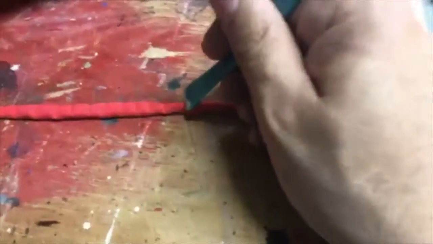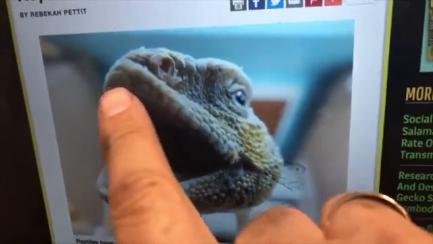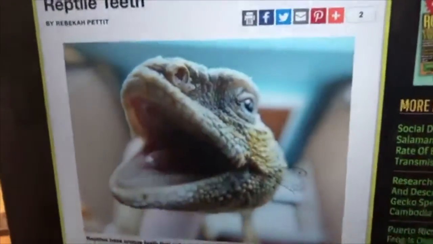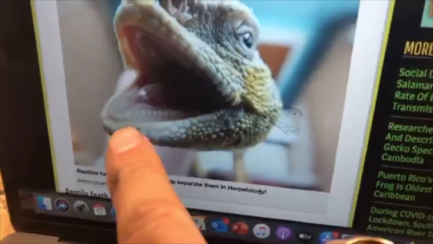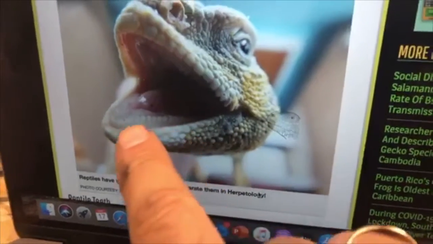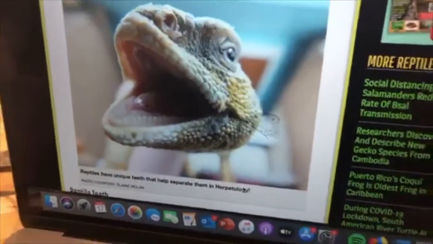So you just basically, again, using my lizard lips here as reference, I want to really get that texture. And you notice that this guy has a very prominent upper lip, but he doesn't have a very prominent lower lip. And then he's got sort of gums out here with the teeth in it. So I'm going to try to replicate that kind of structure, as well as the eyes.